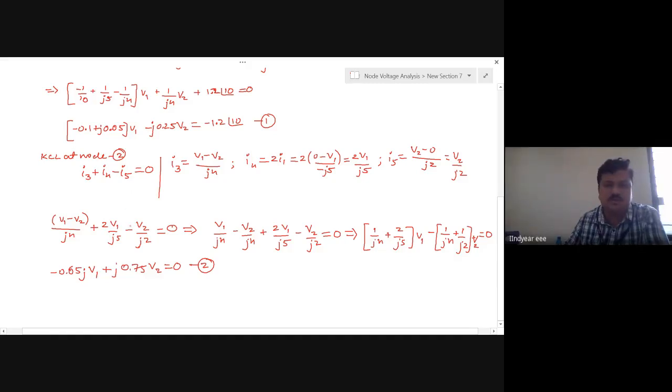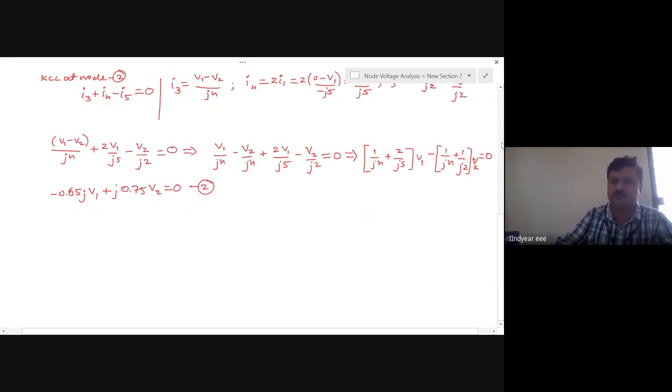Now solving equations 1 and 2. Here comes the tedious process because it is AC. I don't have that facility of direct substitution and getting the answer. We have to use Cramer's rule.